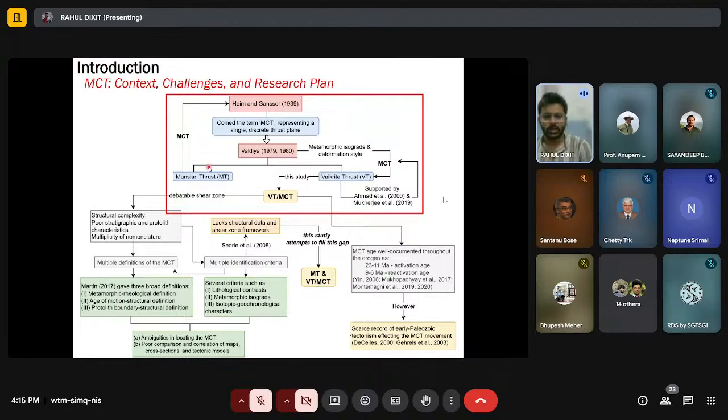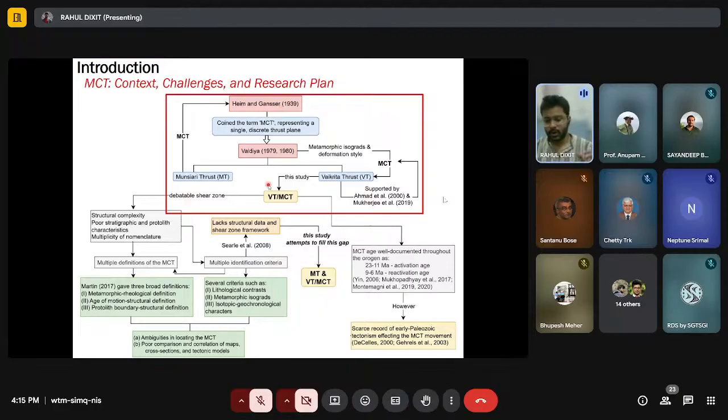But there has been another group of people who have recognized the Munsiari thrust, on the other hand, as the main central thrust, and coincidentally, the location of the Munsiari thrust coincides with the location of the main central thrust of Heim and Gansser.